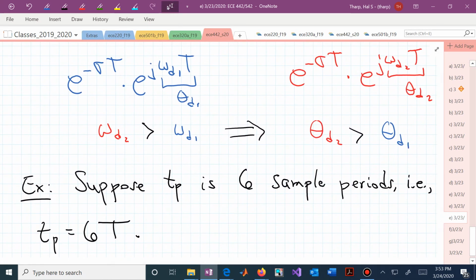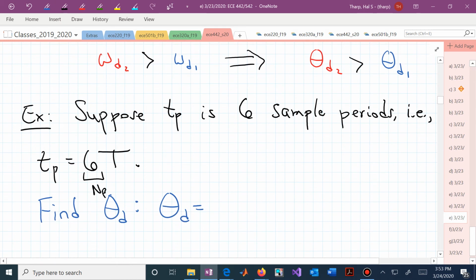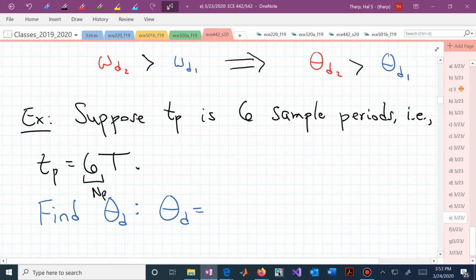Suppose now, let's look at a particular example. Suppose the time to peak is given in a particular number of sample periods. Let's say the number of sample periods to peak is 6, and t is our sample period. What is theta sub d in that case? Here, theta sub d, remember, is omega sub d t.